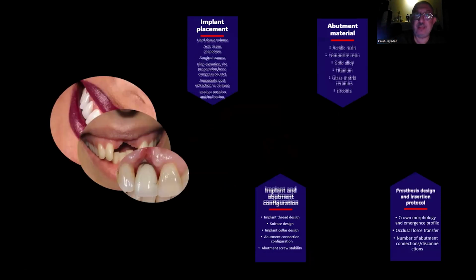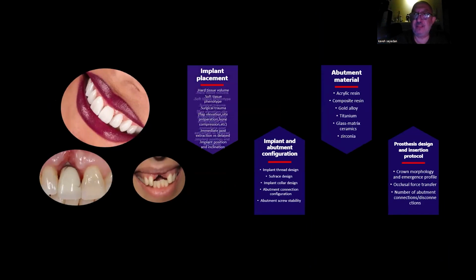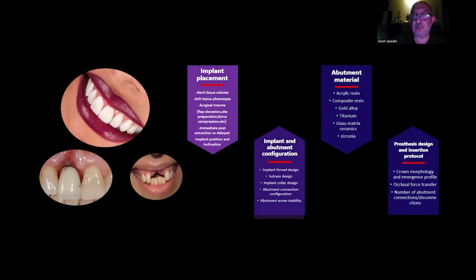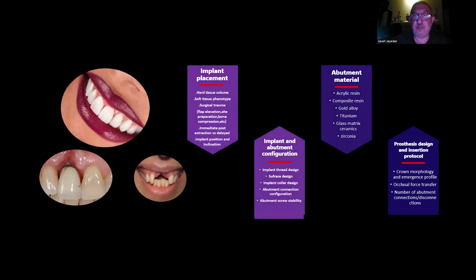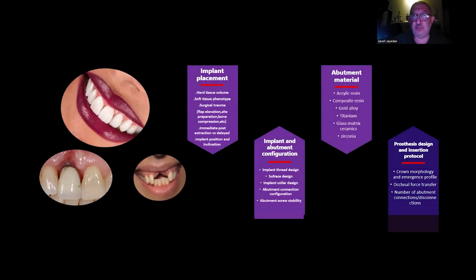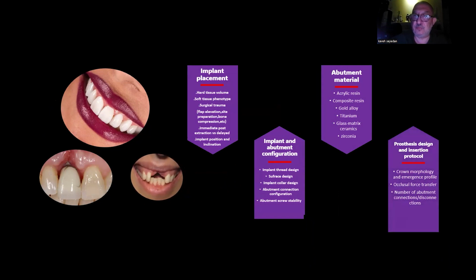And there are so many different factors governing the aesthetic of implant restorations, from implant placement to implant abutment configuration to abutment material itself to prosthesis design and insertion protocol. And all these factors have so many sub-factors that if I want to discuss all of them in detail, it will take at least a day, a full 8 hours of training.